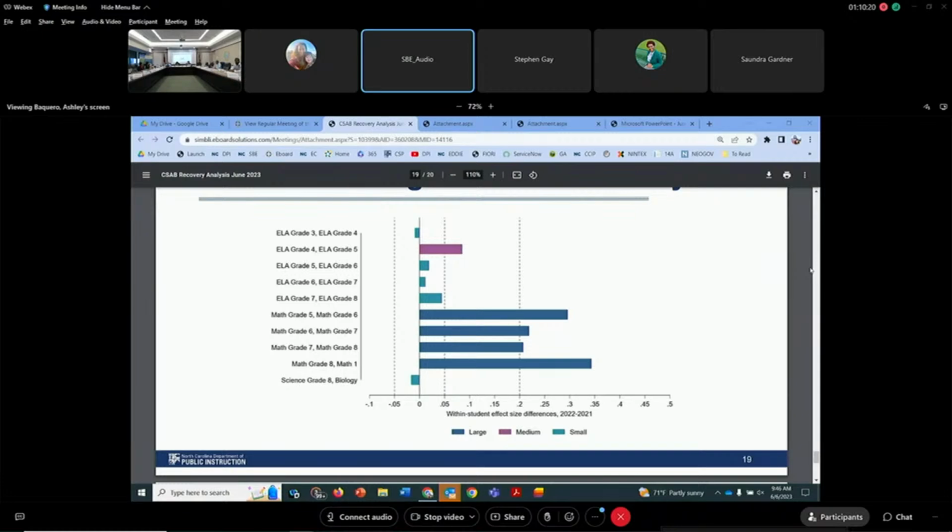So each individual school has access to their student data in this way. We don't have this data at the state level for individual schools because we keep it secure, because we are also trying to be very careful about not setting up comparisons between individual schools. At this point in the pandemic, we need folks focused on recovery, not comparing themselves to each other.